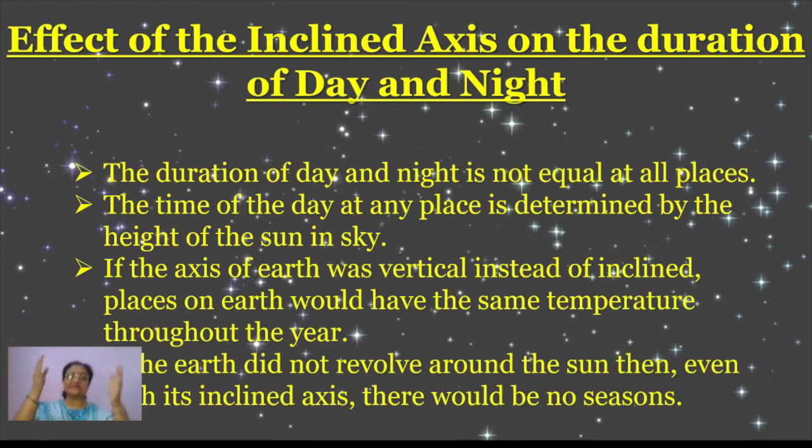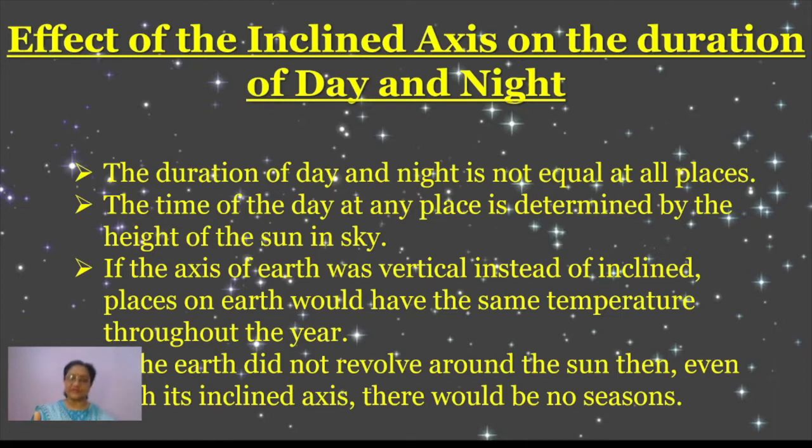At what height the sun is there. That means if the sun is just overhead at that place, that is going to be the noon time at that place. And according to that, as you have studied in the earlier topics also, we have discussed the local time of that place, right? So accordingly we fix the local time.